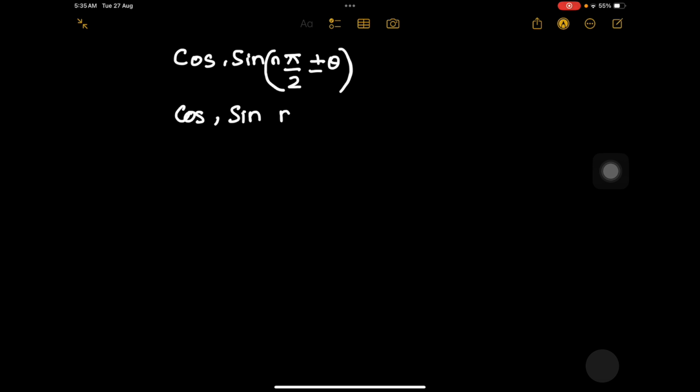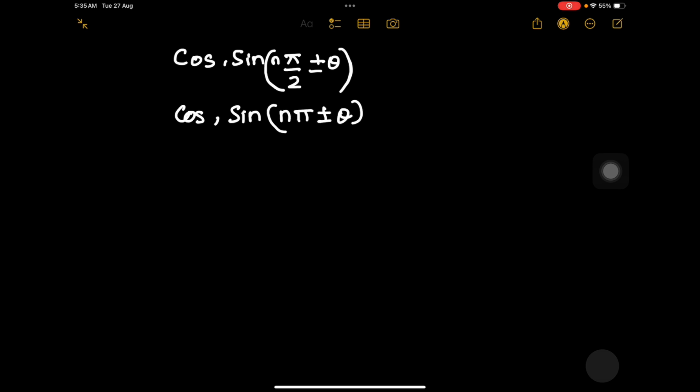So in the last video we checked the tricks to find out cosine, sine, n pi by 2 plus or minus theta values. Up to now we know cosine, sine, n pi plus or minus theta as well.